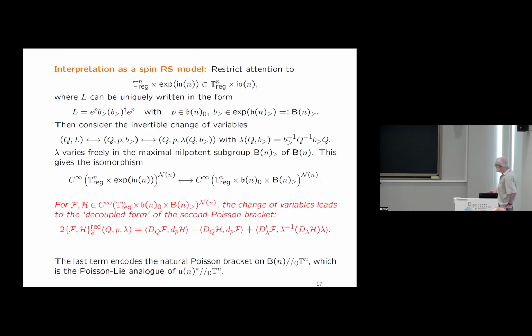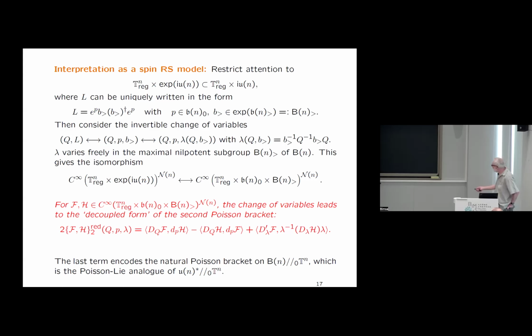In terms of these variables, the second Poisson bracket takes this form. Q and P now form canonical pairs, and the lambda part you can recognize as coming from a Poisson-Lie group theoretic interpretation. In the linear case, we had the reduction of the dual space of the Lie algebra of U(N).